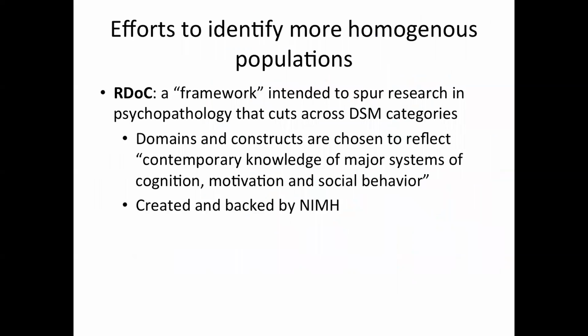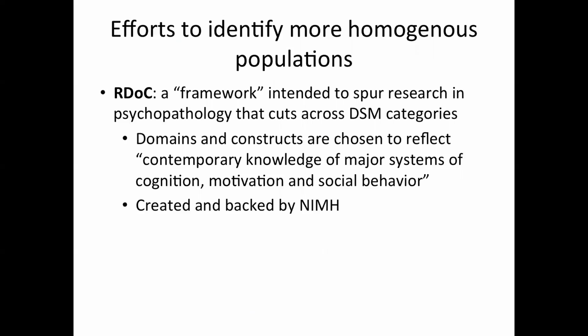So I want to conclude by briefly mentioning two initiatives that you might have heard about, or that you will hear about, that reflect efforts to identify more homogeneous populations for biological research. RDoC is a framework developed by NIMH. It's intended to spur research in psychopathology that cuts across DSM categories.